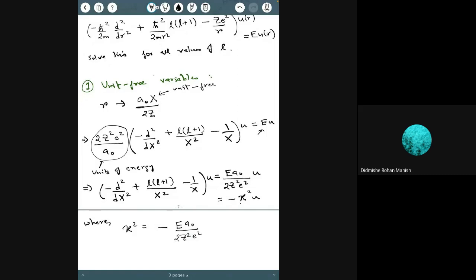Kappa square is positive and I've put a negative sign. So now basically solving for energy means finding the values of kappa. I think maybe we only have 5 minutes, so I'll stop here for now.